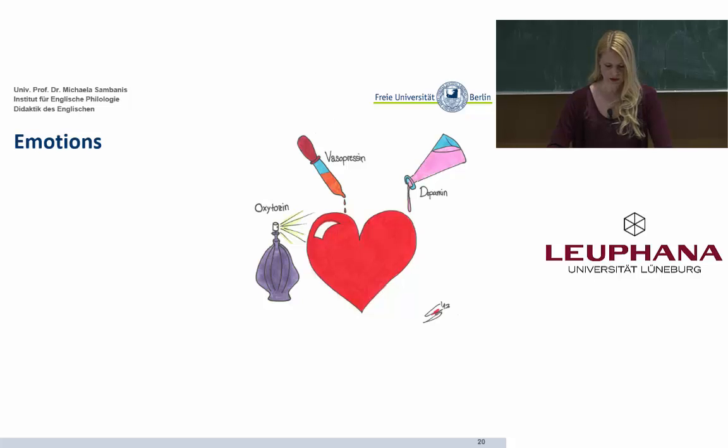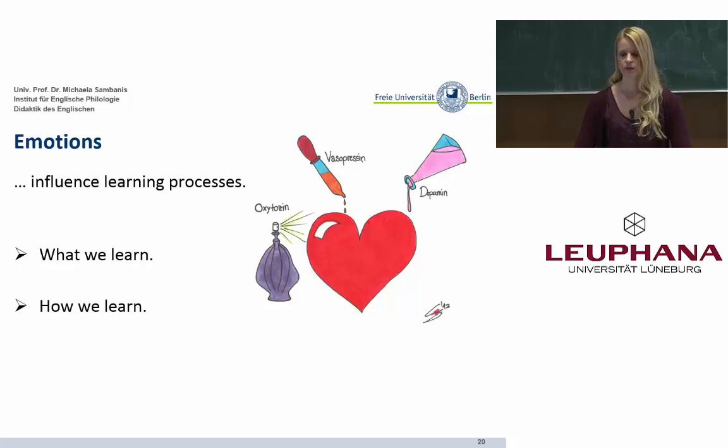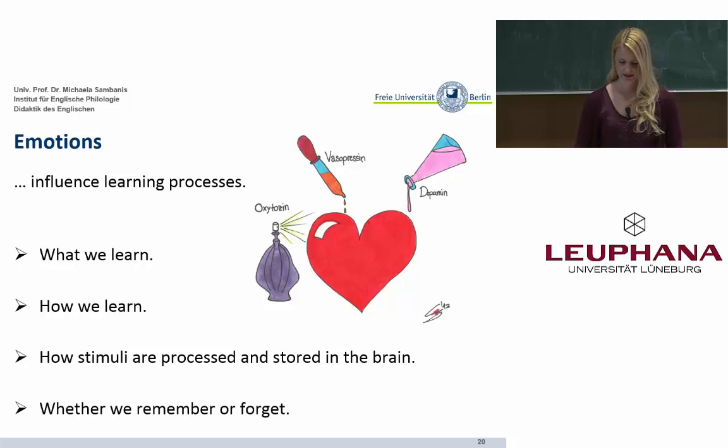Dopamine also triggers pleasurable learning experiences. I'd like to stress that emotions have a strong influence on what we learn, how we learn, how stimuli are processed and stored in the brain, and on whether we remember or forget.